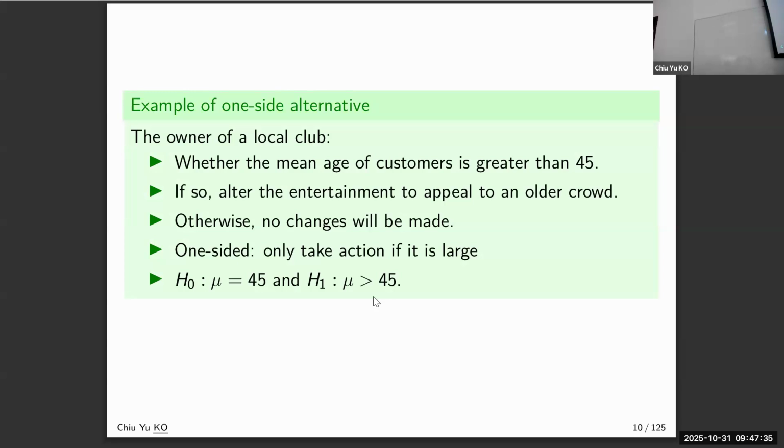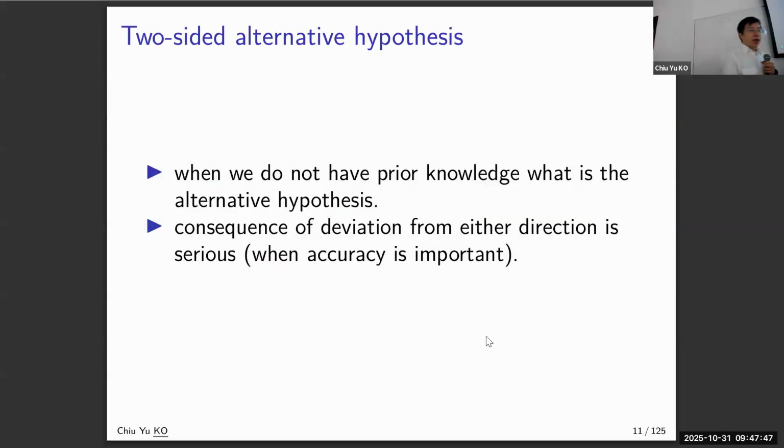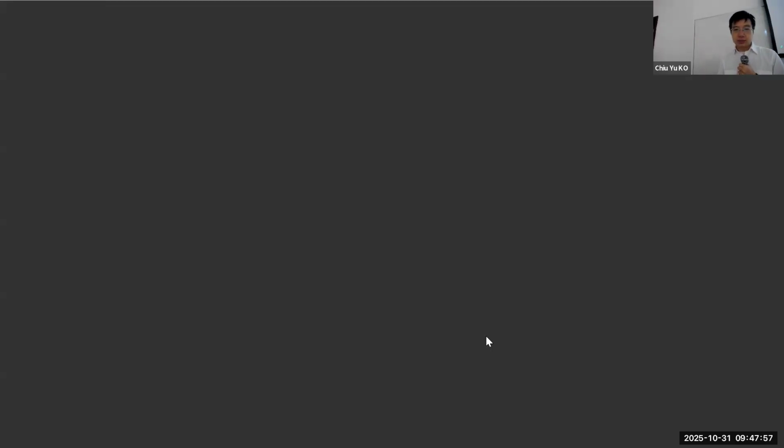That means that they want to see if it is 45 years old or more than 45 years old. So that would be the idea. Okay. And as we said, two sides is when we don't know, and is things we want to take action on.